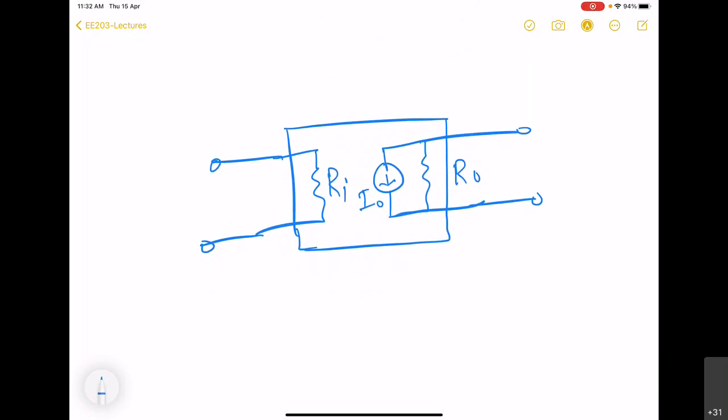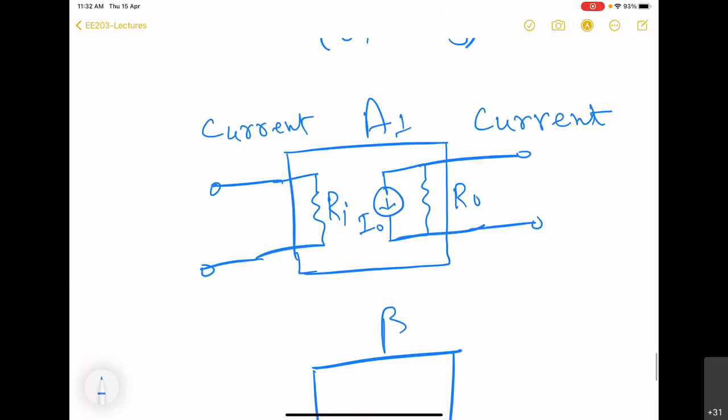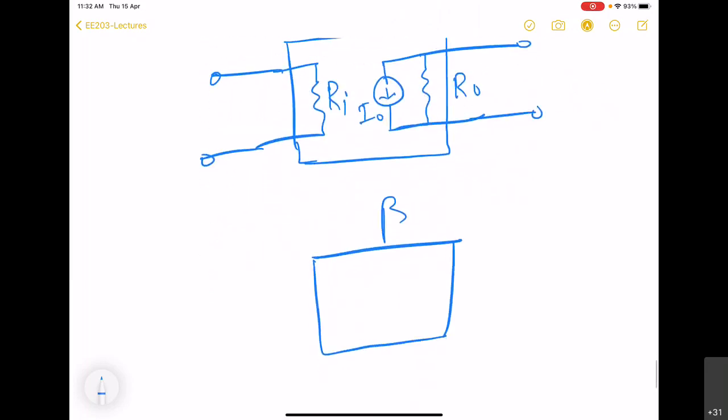So this on the input side senses current, and on the output side it produces current. So my feedback network has to sense current here on the input side.